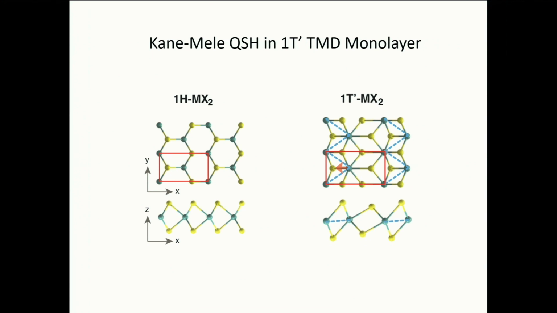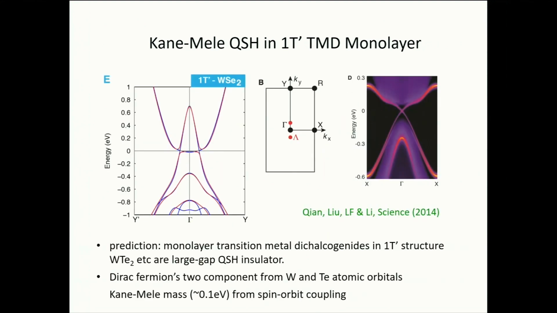So this structure, you can think of it more or less as consisting of chains. It has a monoclinic structure. Our group realized that this 1T prime structure actually leads to a 2D topological insulator. This is the first principles calculation.